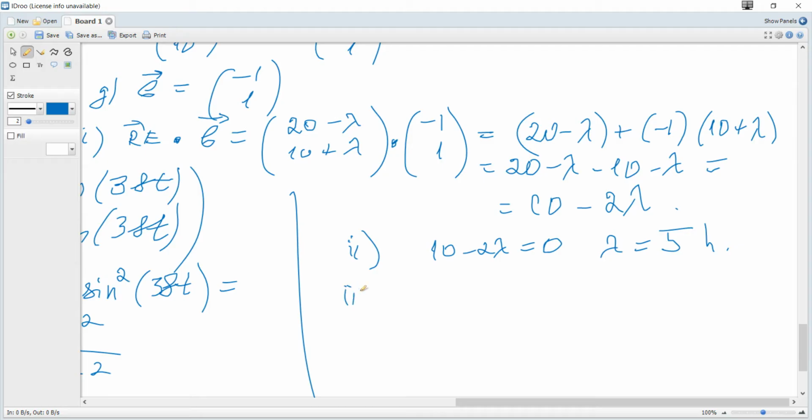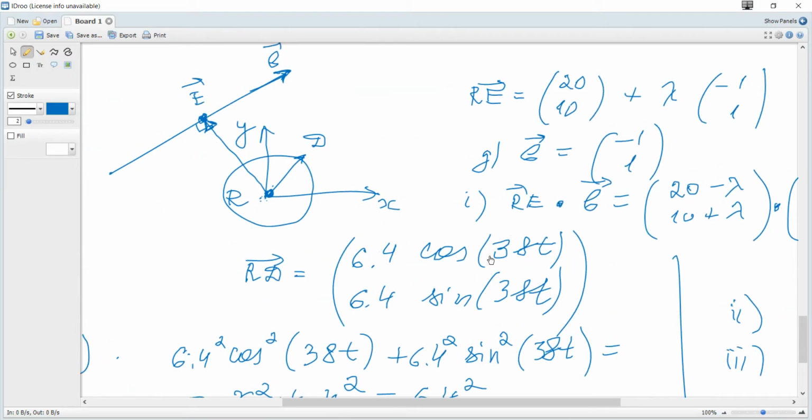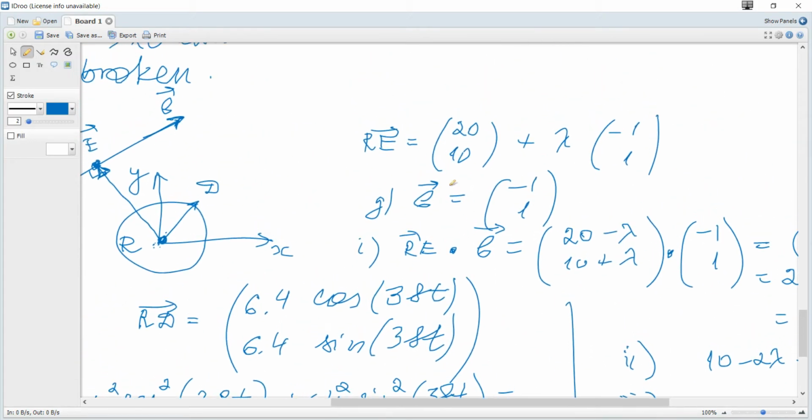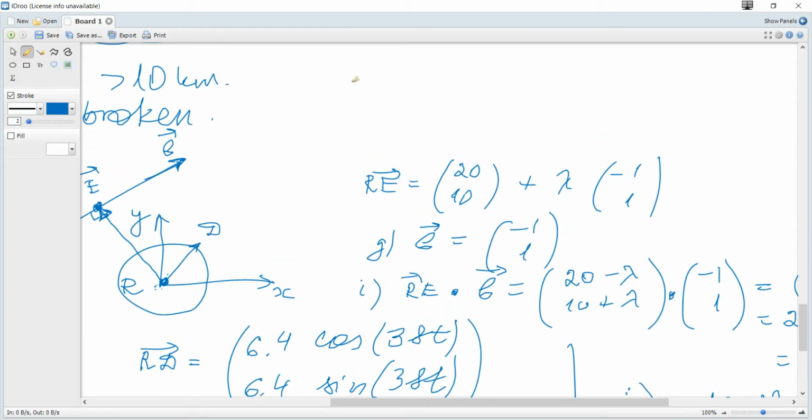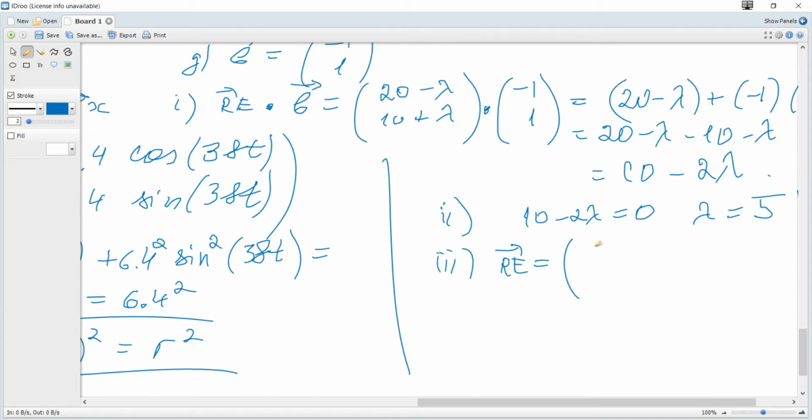Then next, find the minimum distance, 2 marks. We know the RE vector, it's 20 minus lambda, 10 plus lambda, and we need just the magnitude of this vector when lambda is 5.